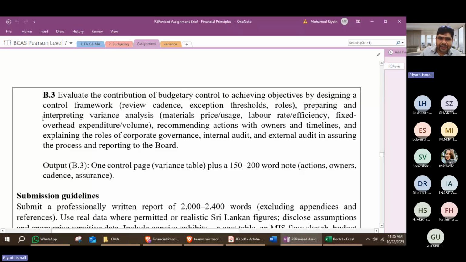You have to emphasize material and labor variances and recommending actions. What things have to be done? What are the contributions from the corporate top management? What is the role of internal audit? What is the role of external audit? It's a combination of these things.